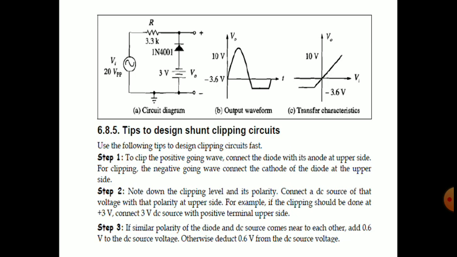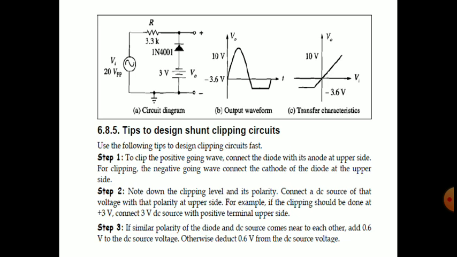So these are the three steps to design a circuit for particular clipping circuits. Step one: depending on whether the positive going wave or negative going wave is to be clipped, decide which terminal of the diode has to be connected to the upper side, and the DC source, for example plus 3 volts.